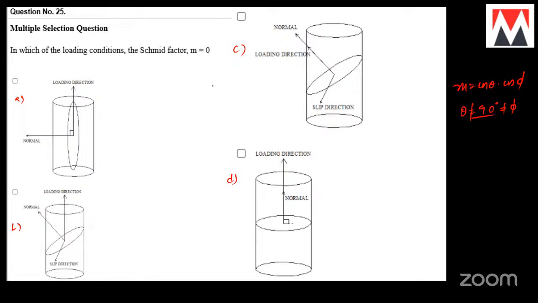So you have a different angle in option B. In option C, again the slip direction and normal are perpendicular. Loading direction, though it is in the parallel direction, cos 0 is not 0, but this is again perpendicular to it. So again, this is 0. So in these three cases, it will be 0. So answer is A, C, D.